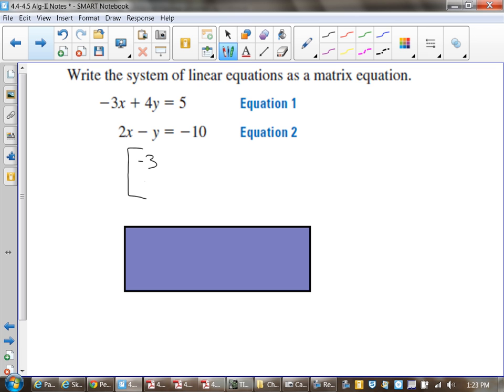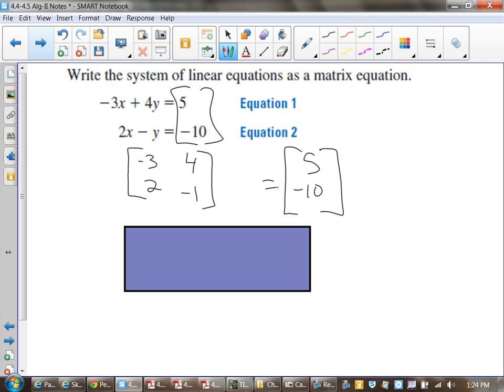I have a 2 by 2 matrix times something that has to become a 2 by 1 matrix. You got the coefficients correct, right? So it has to do with x and y. Take a look at what's happening.